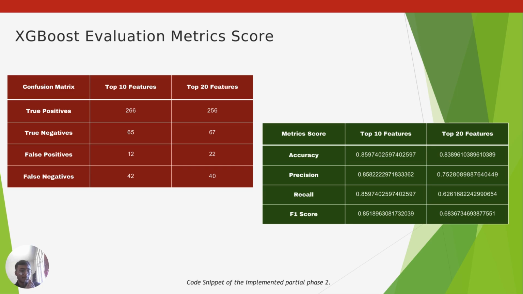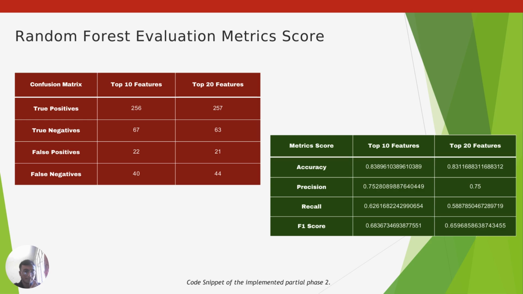So for the metric scores, let's see the difference between random forest and XGBoost. For the top 10 features, accuracy is 0.85, precision 0.858, recall 0.859, and the F1 score overall is 0.85. As you can see before, this is the random forest: 0.8, 0.7, and 0.6.